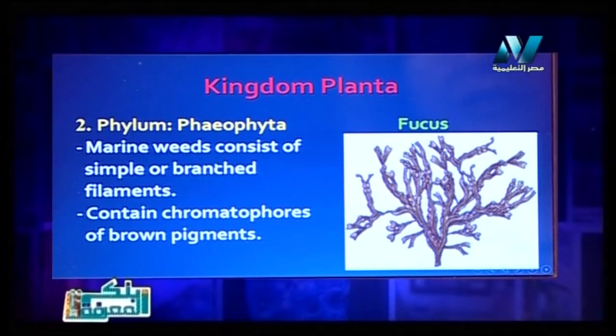So as you see here, when we study a new phylum, we go up in complexity and towards development. So in each phylum, we can find organisms that are more developed than the previous ones. So they are branched filaments and contain chromatophores containing brown pigments, as you see in this picture. And the example here is called Fucus.